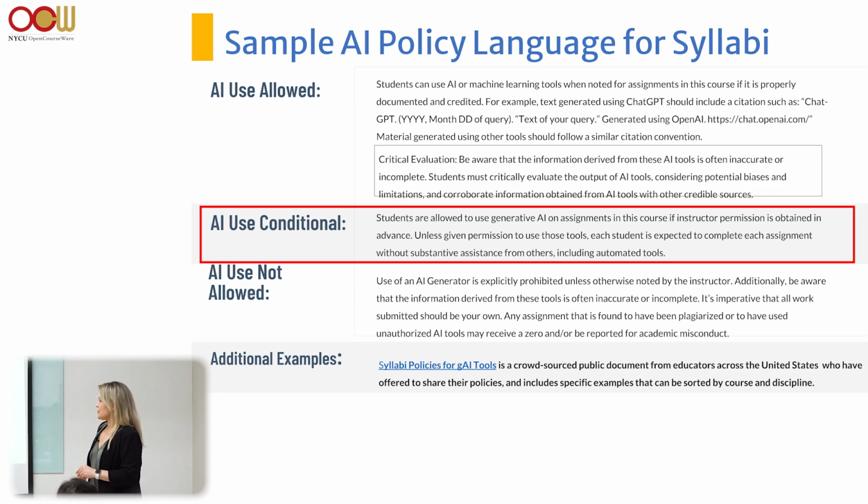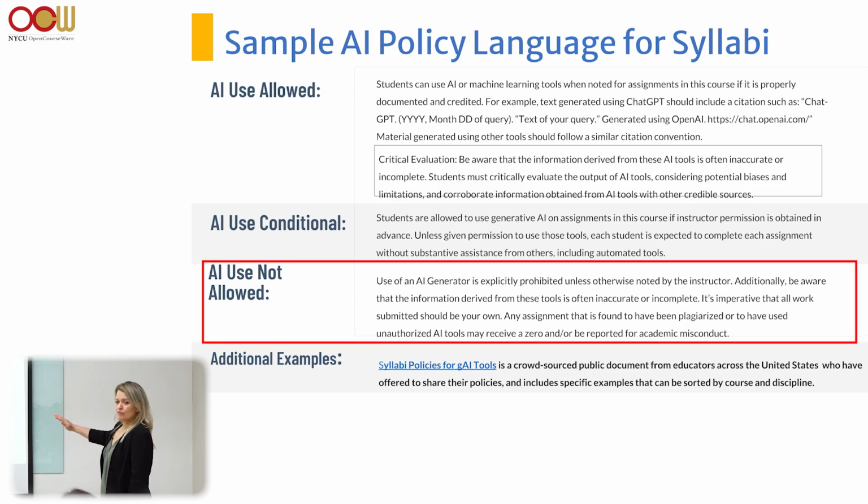Unless given permission to use these tools, each student is expected to complete each assignment without substantive assistance from others, including automated tools. So this lets students know, oh, I can ask. I'm going to ask the instructor, is it okay if I use this tool because I want it to check my paper to see if I can make improvements? Is that an appropriate way? So case by case.